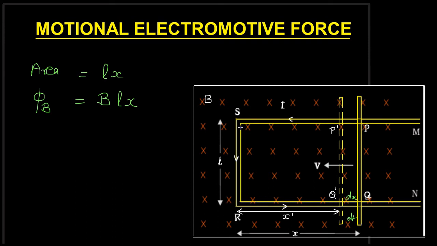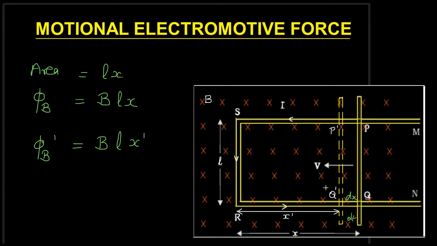So what is the magnetic flux associated with the coil P dashed Q dashed R S? Let it be phi B dashed, which is equal to B into L into X dashed. That is the new magnetic flux associated with the coil.